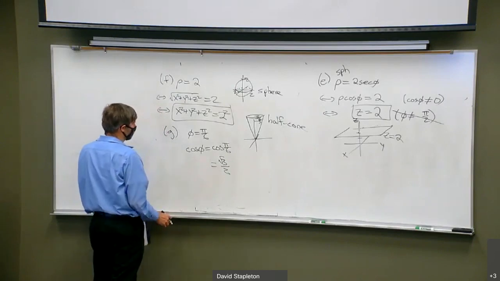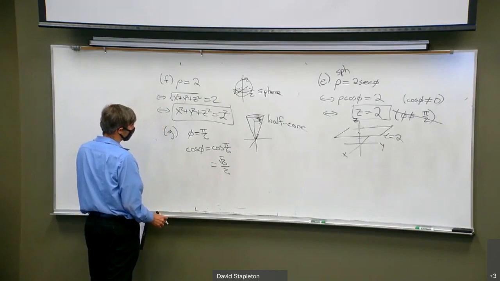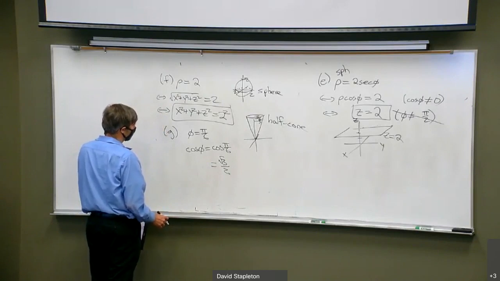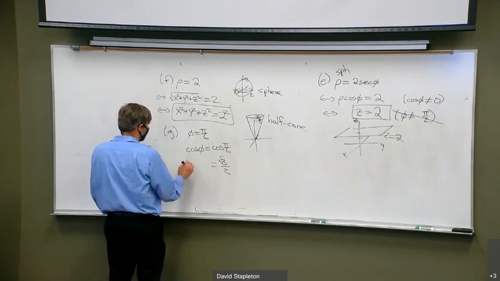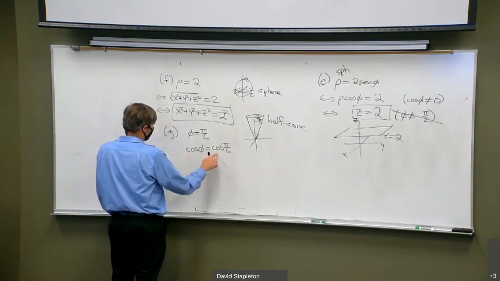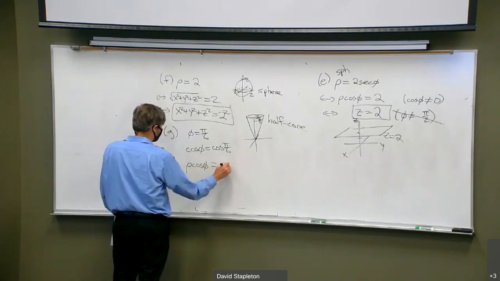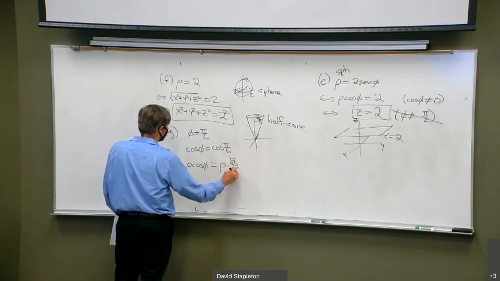So now, in order to get it in the usual form, I can write this as rho cosine phi equals rho times the cosine of pi over 6, which is square root of 3 over 2.